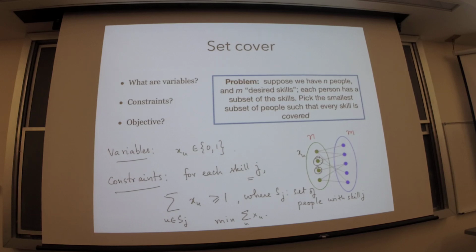The optimization formulation is exactly the same. Okay, so we have xu belongs to {0, 1} for all j.